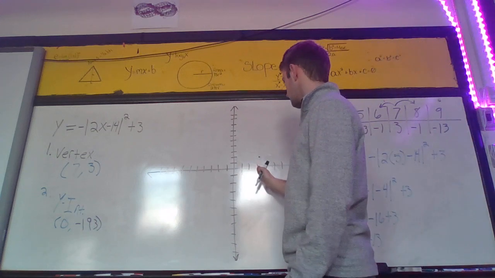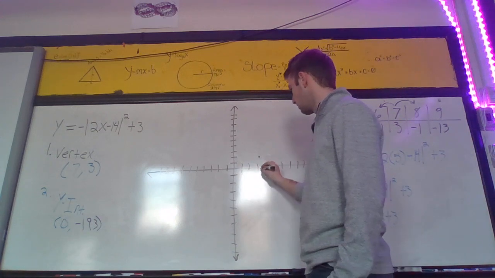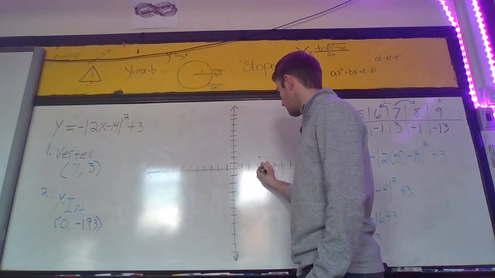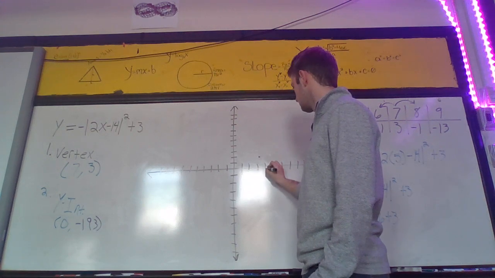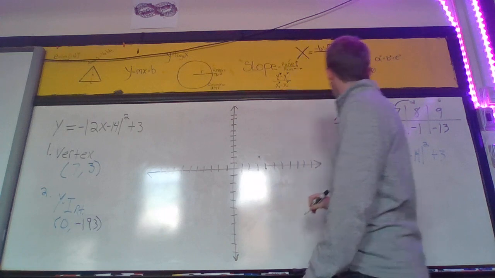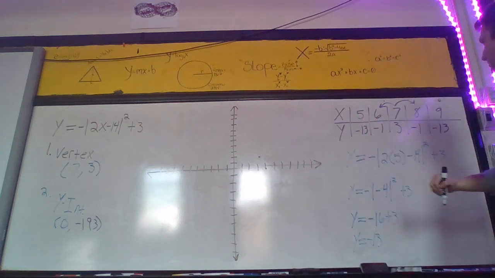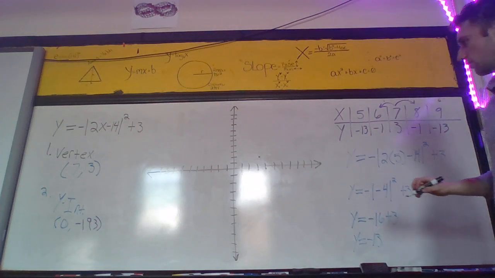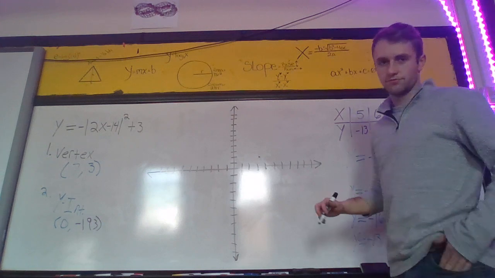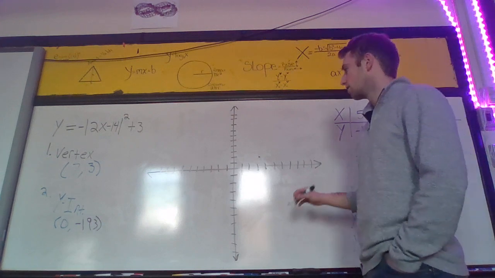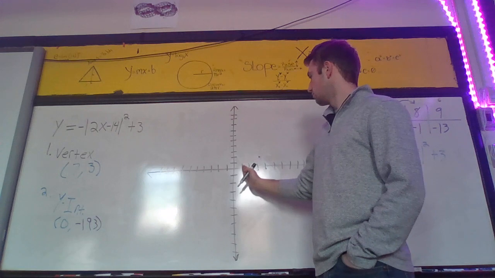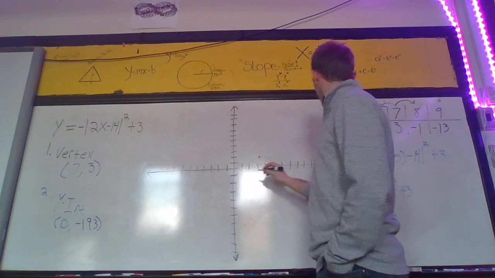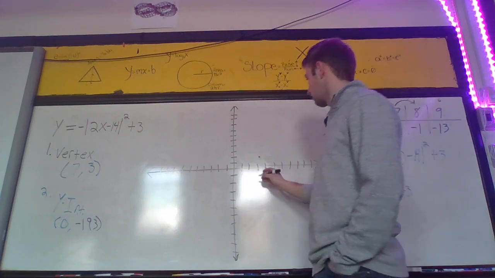I go to 6, and I'm going to have an output of negative 1. So we're going to have a dot right about here. And lastly, the 5 and the 9 are mirror images. So 2, 4, and then we're going to have 5 and a negative 13.